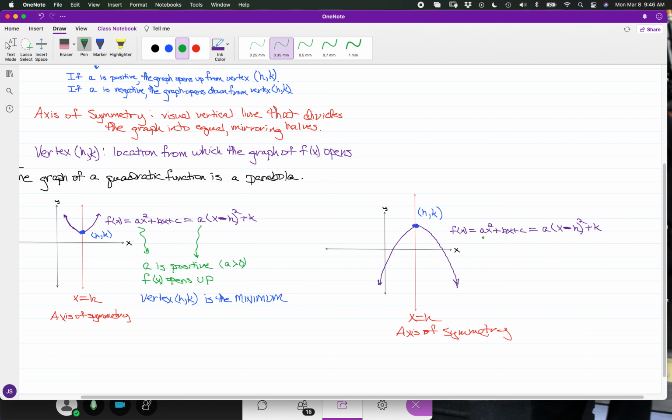And this time around, a is negative, so it's less than 0, and this time f of x opens down.